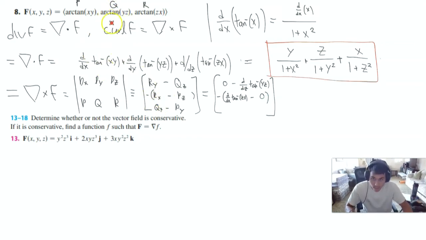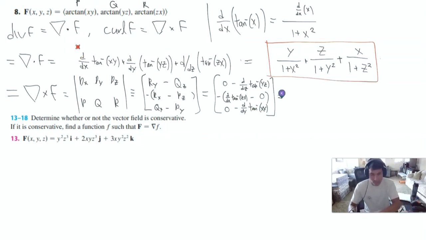There is no x component in this q, so it's just going to be 0. The reason I know that's 0 is that if there is no x in this and we're taking its derivative with respect to x, then everything is just a constant, and the derivative of a constant is 0. And then we're taking p with respect to y, so there is something here that we actually do: d dy of tan inverse xy.